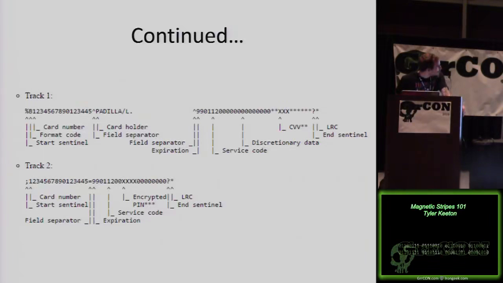So here it is all kind of laid out. We can see percent sign, banking. We know that's track 1. We know this is a banking card. Cardholder name, and then field separator, expiration, service code, so on and so forth.